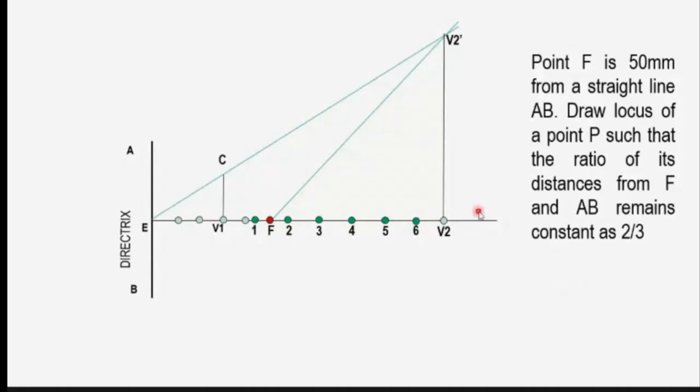The more points we take, the more points on the ellipse we get, and that will help us in drawing a smooth curve. So once we get, let us say 6 points, 1, 2, 3, 4, 5 and 6 between V1 and V2, from all these points draw perpendiculars on the line EV2 dash.